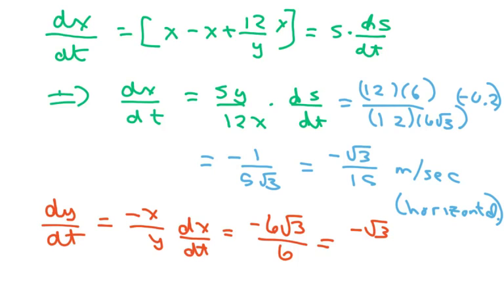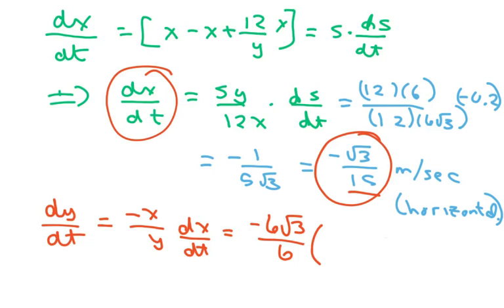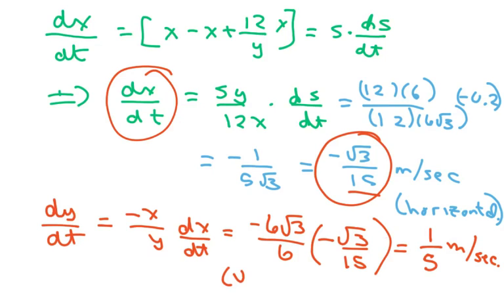Then we multiply by our other derivative, the derivative of x with respect to t, which is square root of 3 over 15. This will be negative square root of 3 times square root of 3 over 15, and simplifying, that gives you 1/5 meter per second. And that's going to be your vertical.